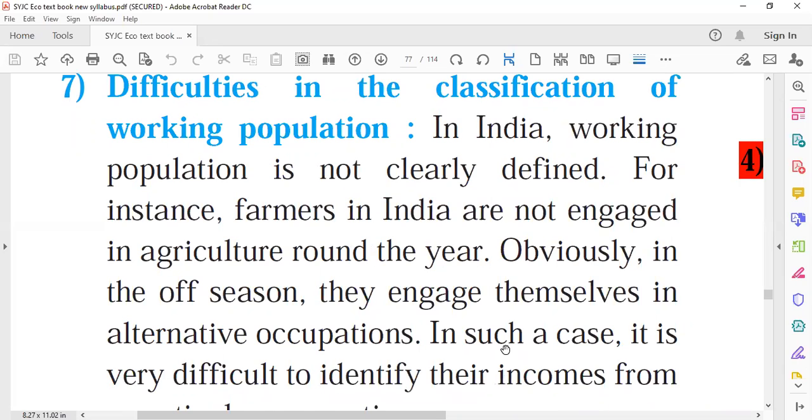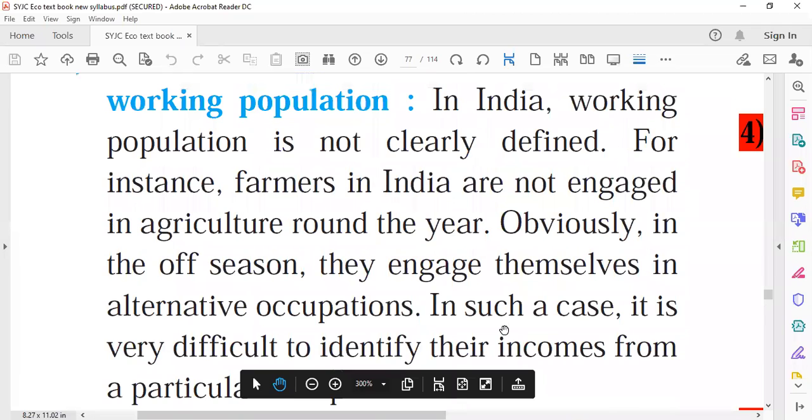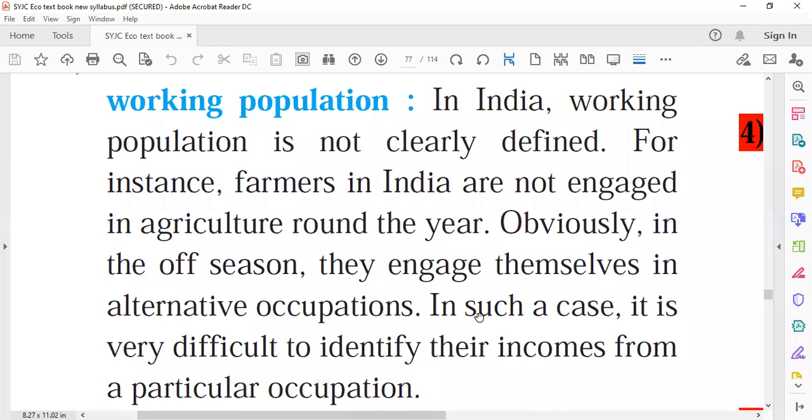Another difficulty that we are facing here is the classification of working population. In India, the working population is not clearly defined. For example, farmers are not engaged in agricultural activities throughout the season.